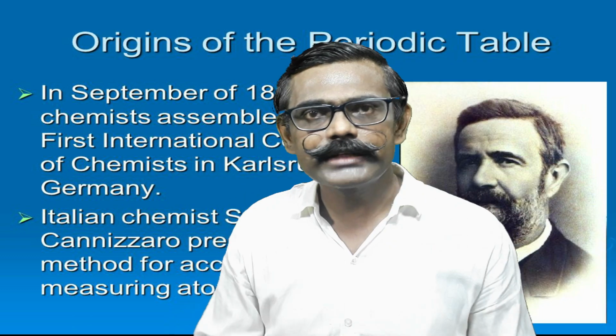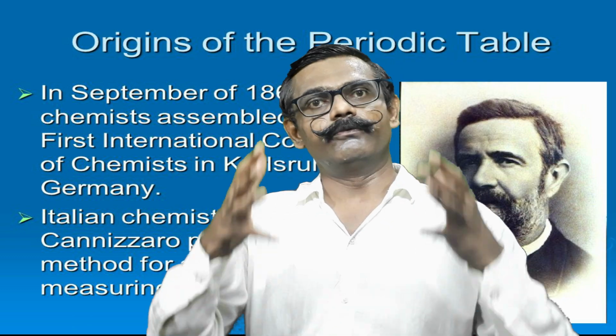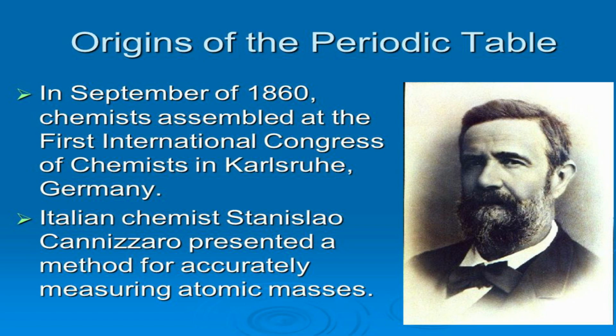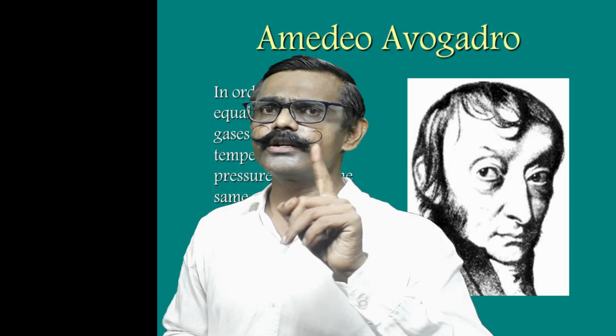Weight of an atom is difficult to measure, but weight of 1 liter of gas we can measure, and that weight divided by the number of molecules or atoms, you will get the weight of the molecule or the atom. From the molecule, knowing its composition, we can find the weight of the atom. It was a brilliant idea put forward by Cannizzaro, and he said credit goes to Avogadro.